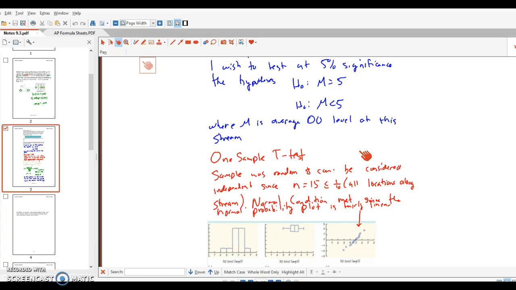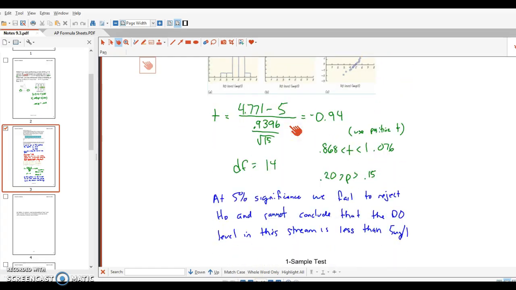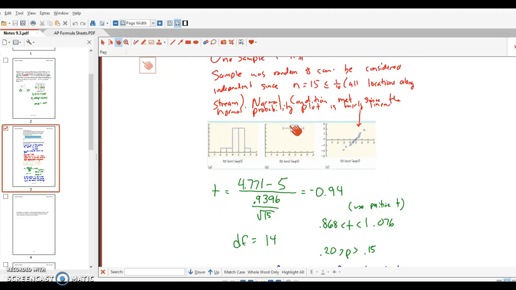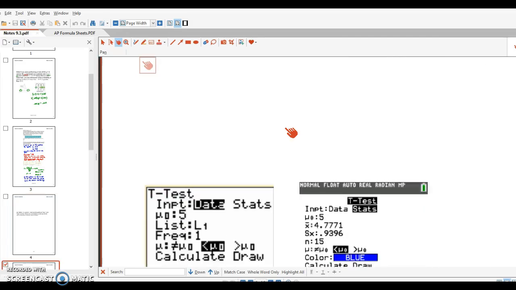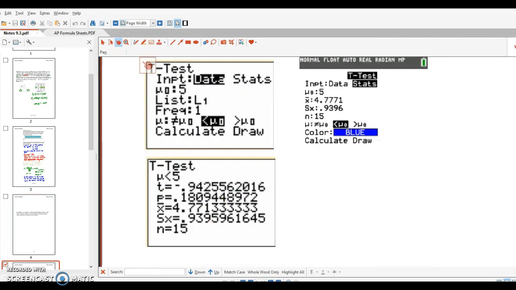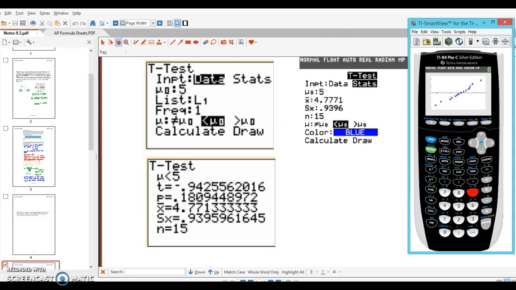For instance, I think a type 2 error would be worse, because that would be no interventions being introduced when there could be something that is done. In this case, we failed to reject, so type 2 is the type that we could have made in this case. Okay, with that same data, let me show you how this would look in the calculator.